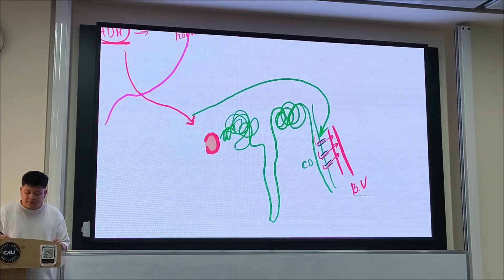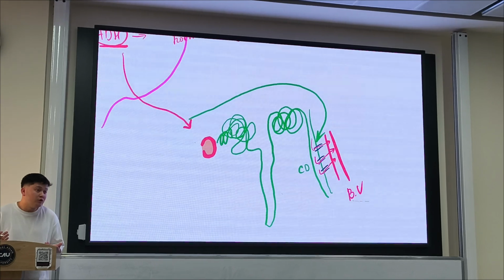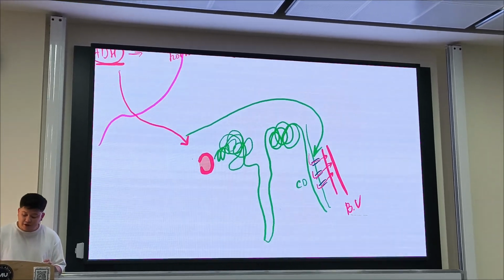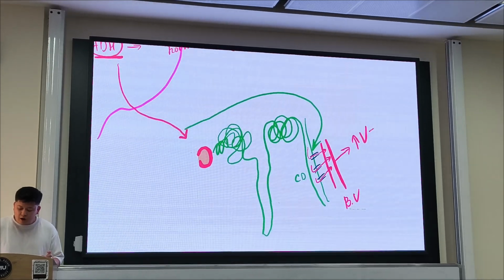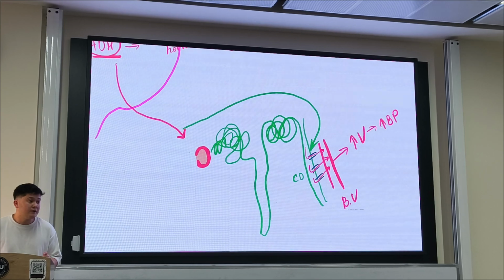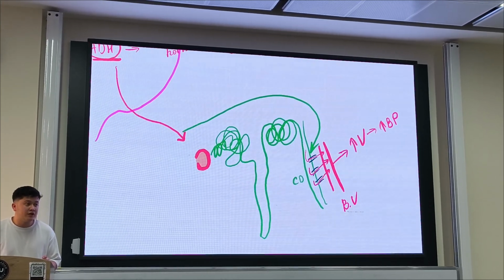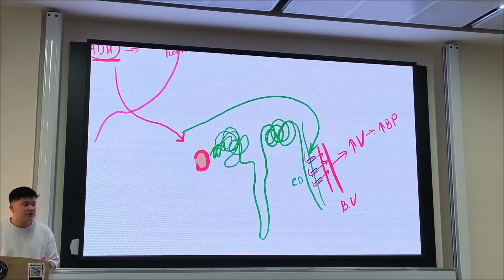Okay. So what happens if we increase the volume in the blood vessels, right? If I increase the volume, I increase the blood pressure in our body. Not only the blood pressure, but the water retention is also increasing.